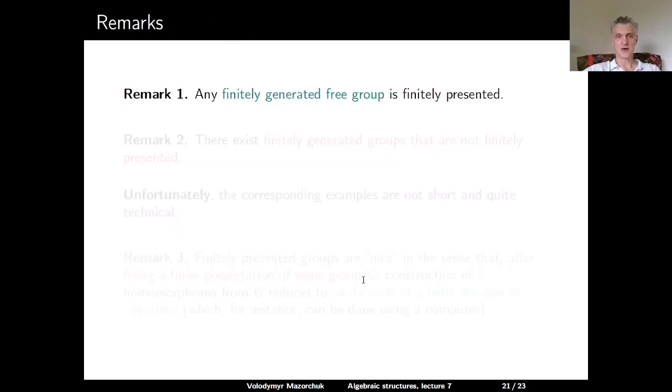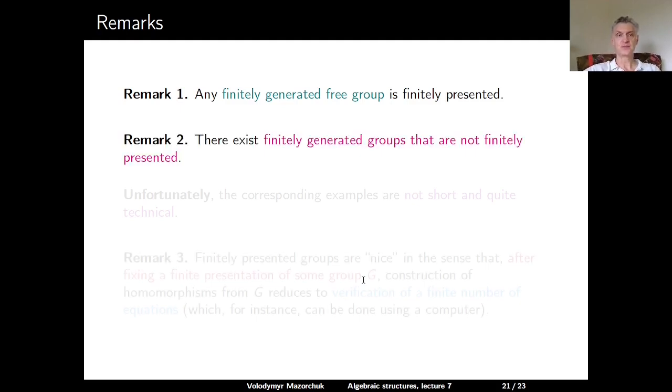So some concluding remarks. Remark 1: any finitely generated free group is finitely presented, because free groups don't have relations for the canonical generators. Remark 2: there exist finitely generated groups that are not finitely presented, but unfortunately the corresponding examples are quite technical and rather extensive.